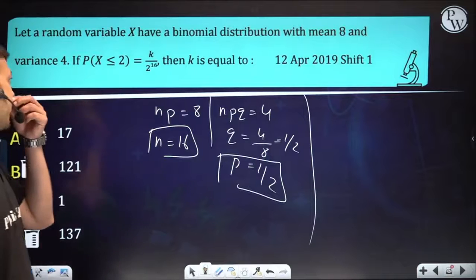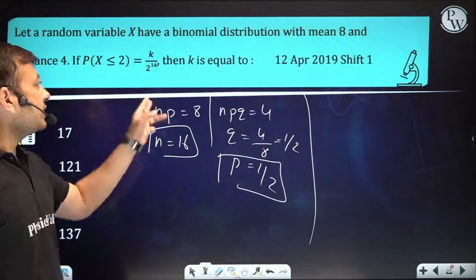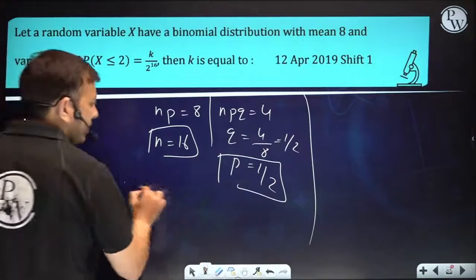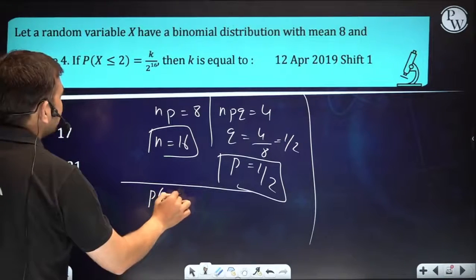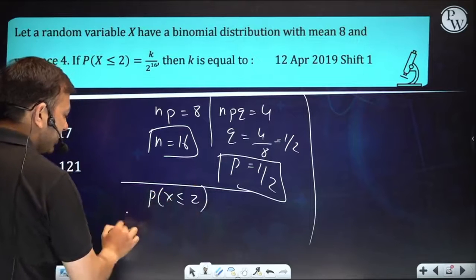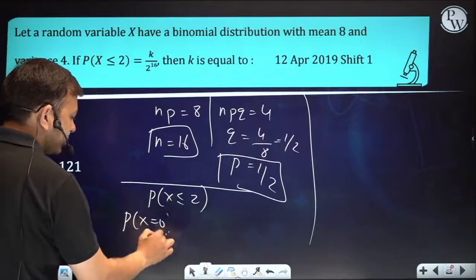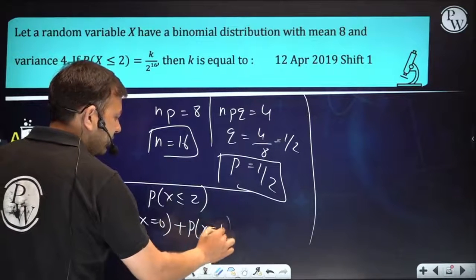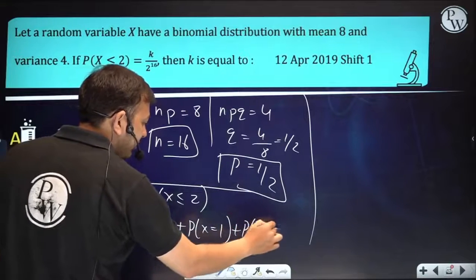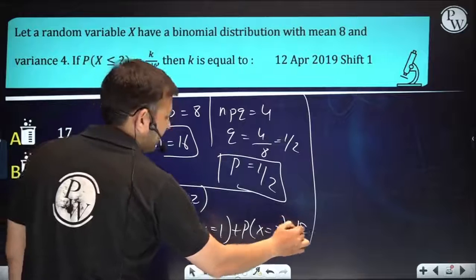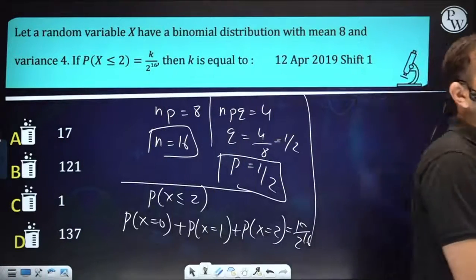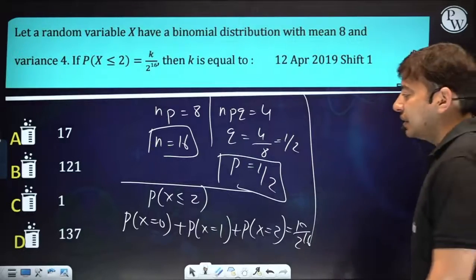Now, if P(x less than or equal to 2) is k by 2 power 16, then what is the value of k they are asking. P of x less than or equal to 2 means P(x equals 0), it cannot be negative, P(x equals 1), P(x equals 2). This is given as k by 2 power 16. That's it. We need to substitute the values and get the answer.